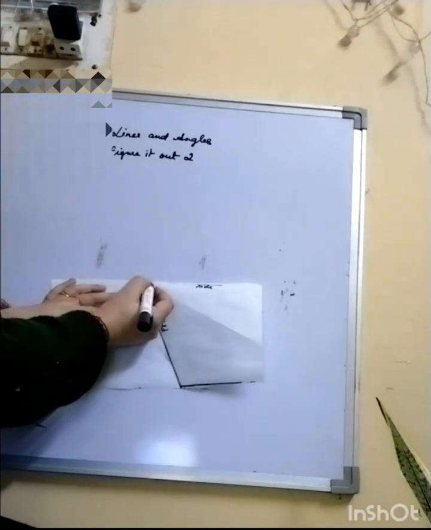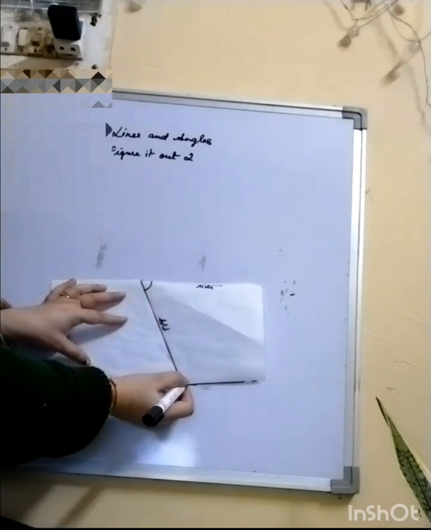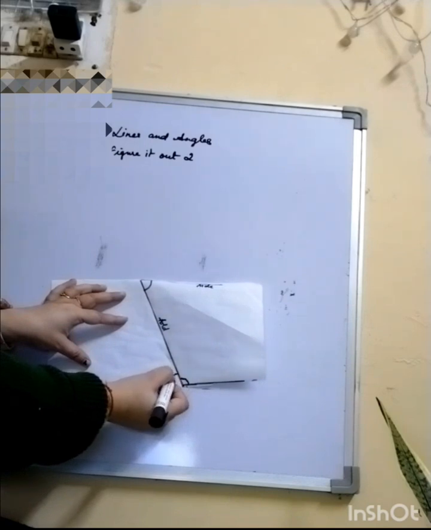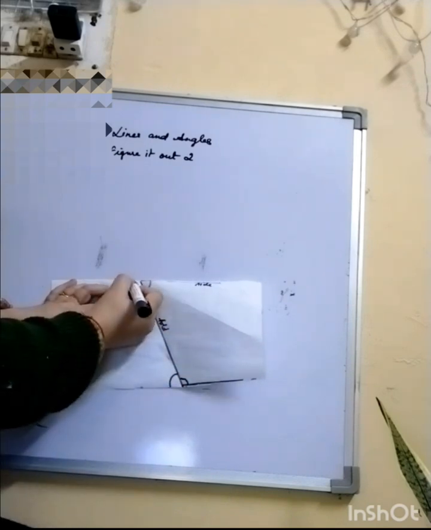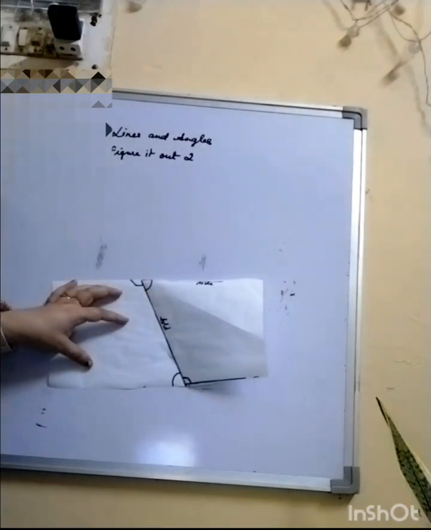So you have to measure this angle and this angle, or you can also measure this angle and this angle. Then you have to compare the two angles.